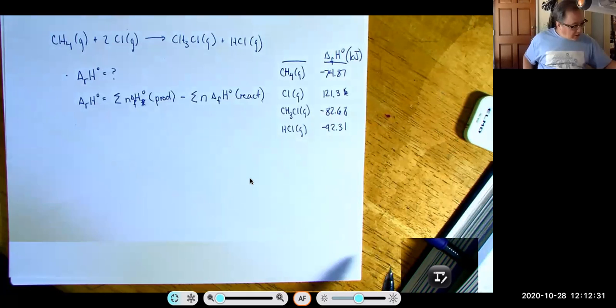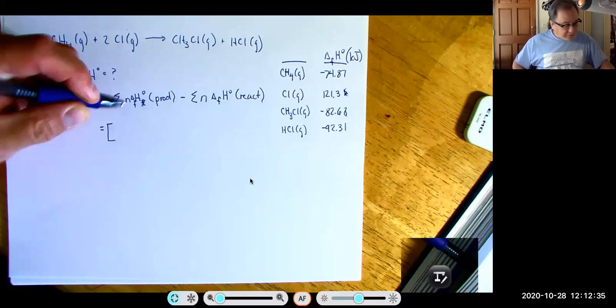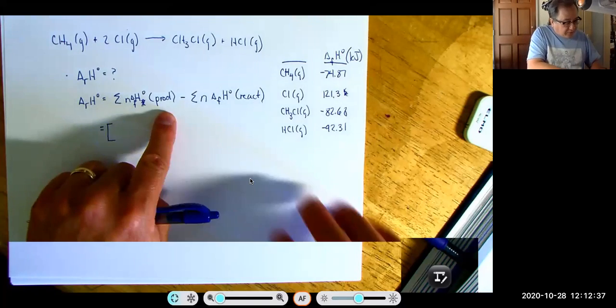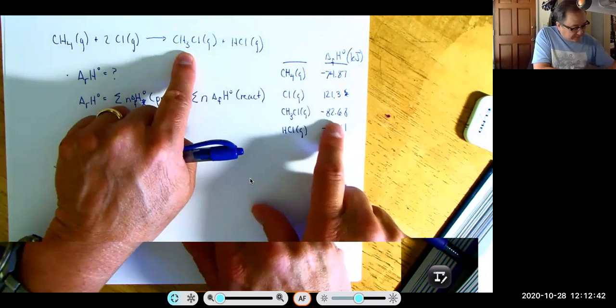Okay, so when I plug the numbers in here, I like to put brackets for the products and brackets for the reactants. So I have one CH3Cl.